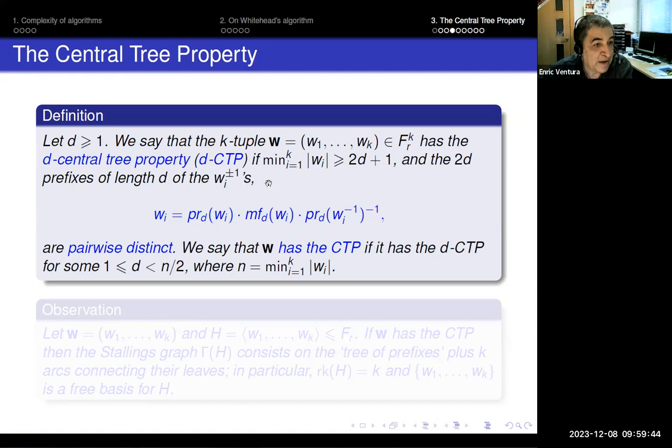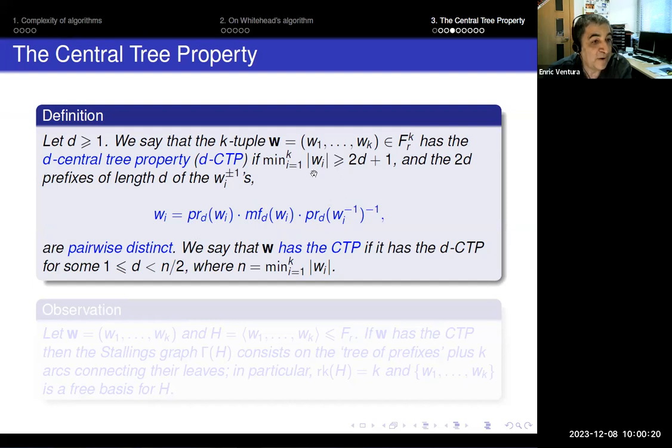D is a parameter. If all the words are long enough, longer than 2D plus 1, the property is about the 2D prefixes of length D of your words and their inverses. So write every word as the prefix of length D, the suffix of length D, which is the inverse of the prefix of the inverse of the word, and then the middle segment, the middle part, which is of length the length of the word minus 2D.